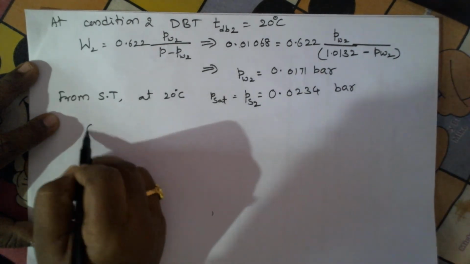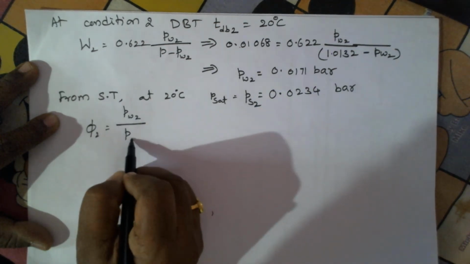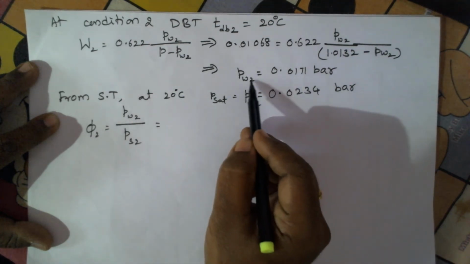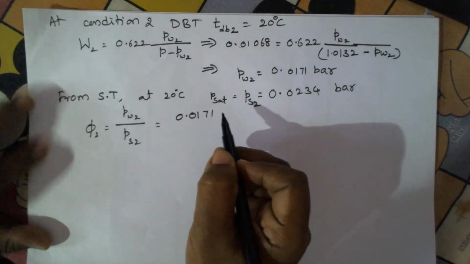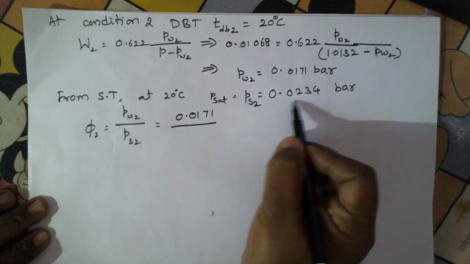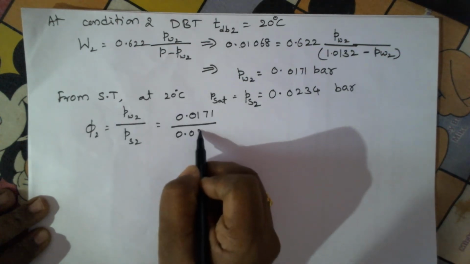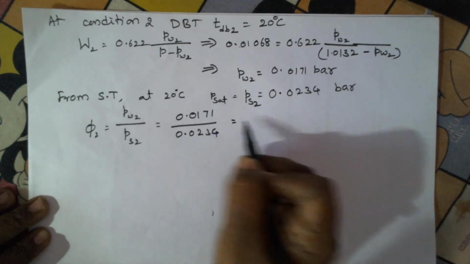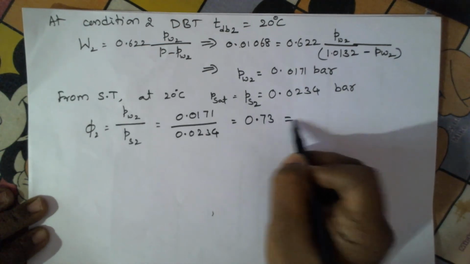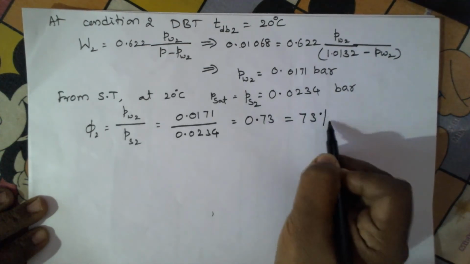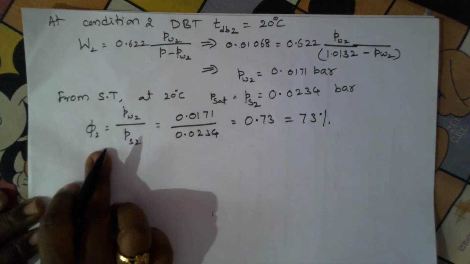Now what is phi 2? It is equal to PW2 by PS2. PW2 we have just calculated as 0.0171 bar, divided by PS2, which is obtained from the steam tables as 0.0234. This is approximately 0.73, or it can be written as 73%. Okay, relative humidity at condition 2 is calculated.